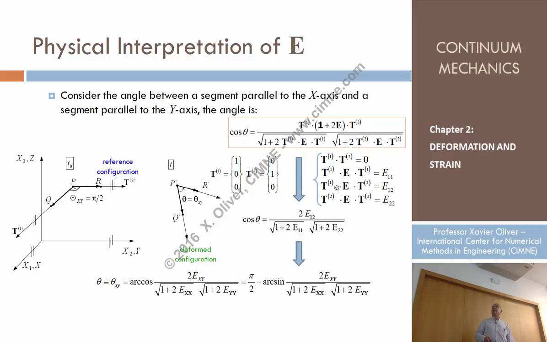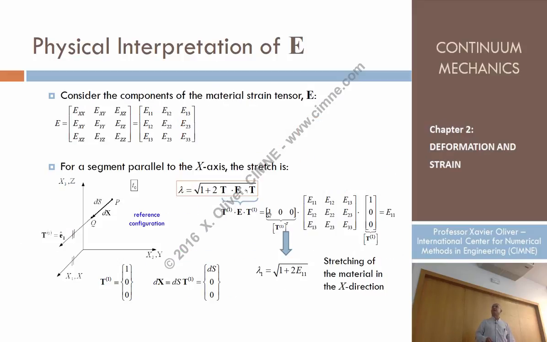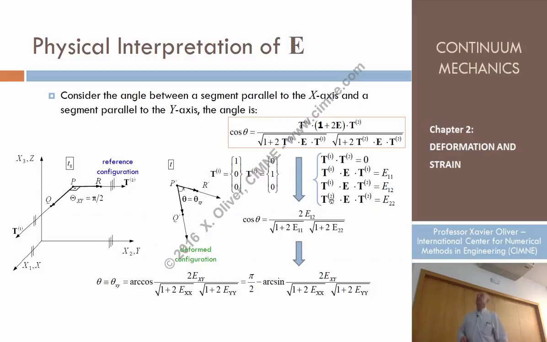And T1 E T2, if you go back to that expression, and here you put 1, 0, 0, and here you put 0, 1, 0, the product of this times this being 0, 1, 0 is the second column, so the product of this times this gives this term here. So finally, a simple calculation shows that the numerator is 2E12, and the denominator is that one here.